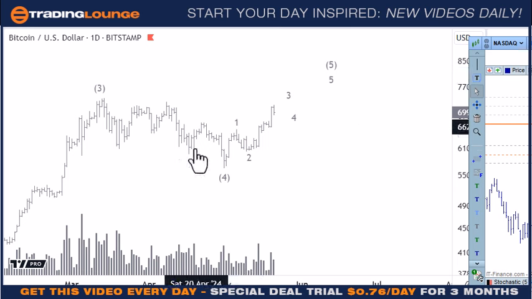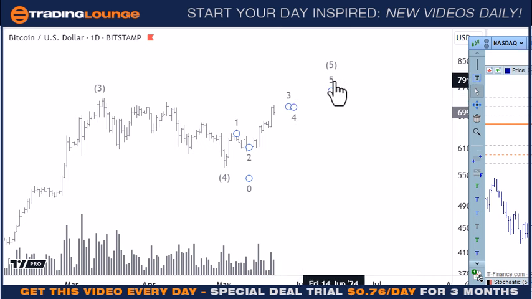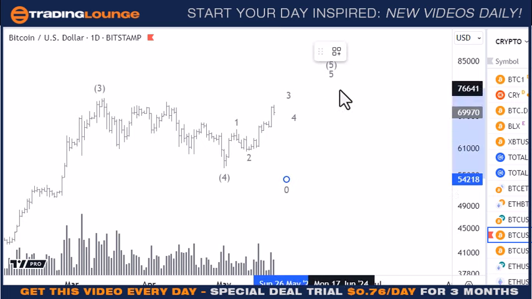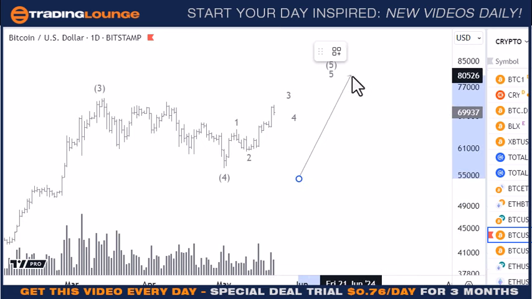Now there's a couple of questions that we need to resolve here. At first sight, this wave 1, 2, 3, 4, 5 here looks quite nice, but there is the case for having all of this 5-wave structure here, all of this, let me just redo that, this 5-wave structure.